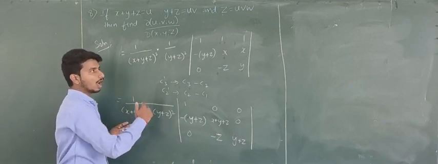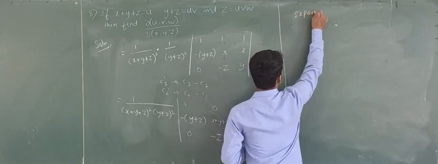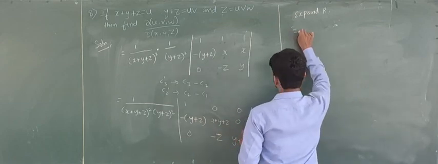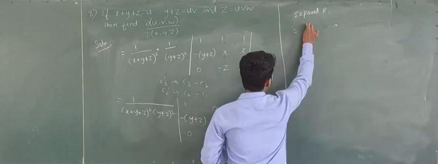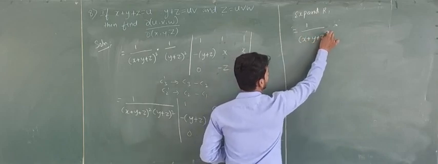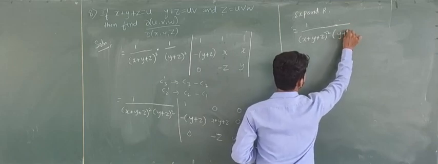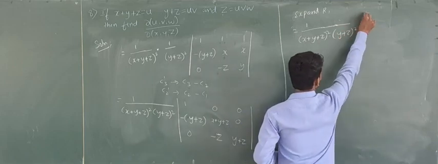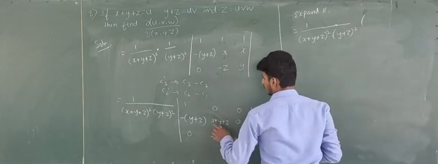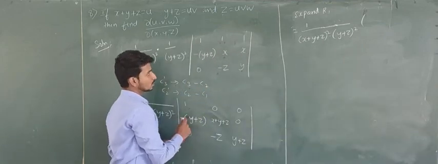Now we will expand R1, row 1. We have 1 divided by (x plus y plus z) whole square into (y plus z) whole square into the bracket.